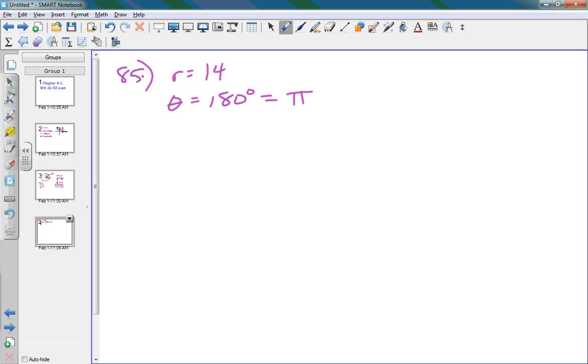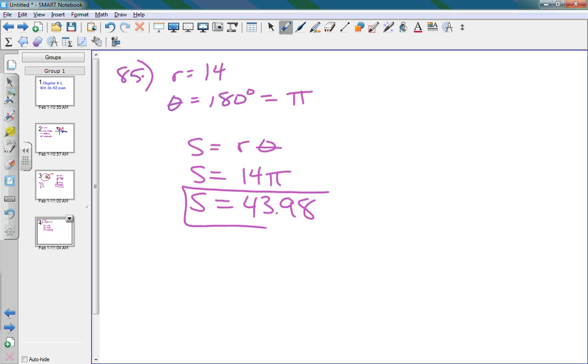So now we have our central angle, and you plug into your formula. S is equal to R times theta. S we don't have. R is 14. Theta is pi. And literally take 14 times pi, and what does that give you? 43.98. That is your arc length. Do we understand that, yes or no?